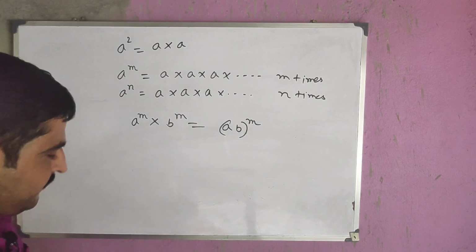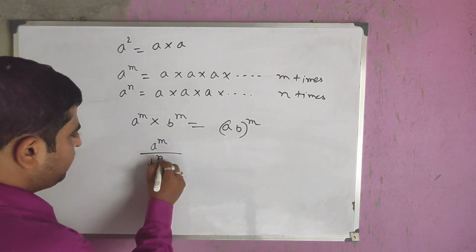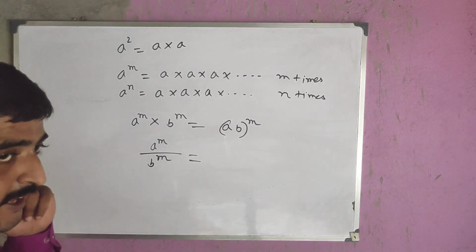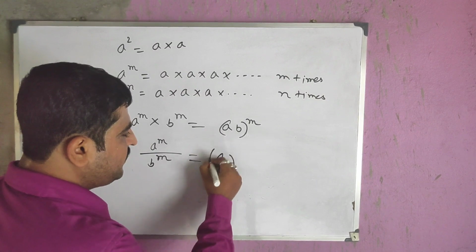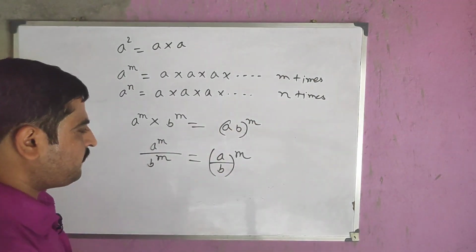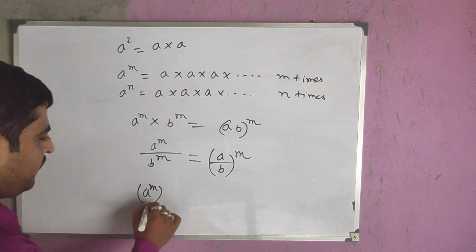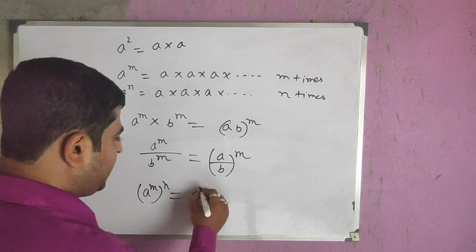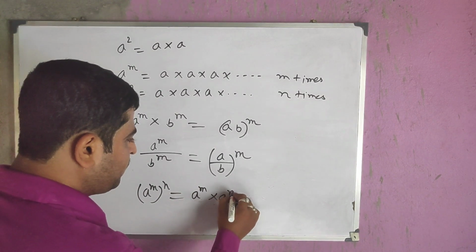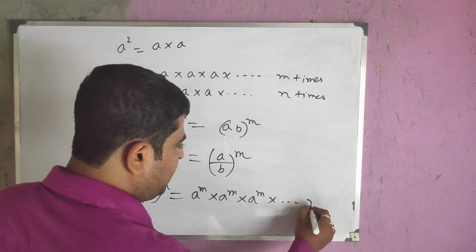Now in the same way, if you are dividing a to the power m by b to the power m, that means both have the same exponent, so we can write a by b whole to the power m. Again, a to the power m whole to the power n means you are multiplying a to the power m how many times? n times.